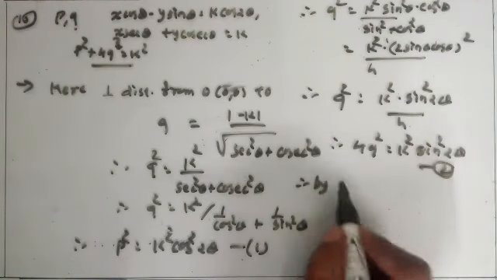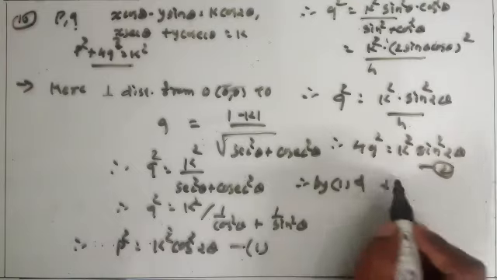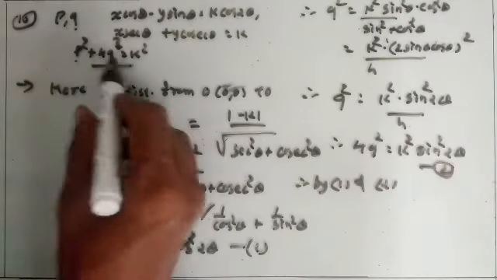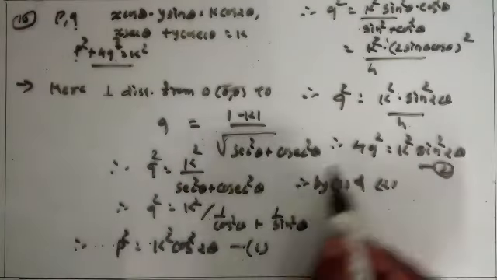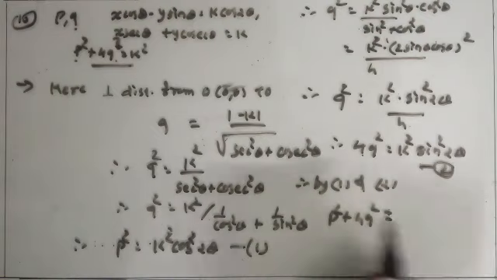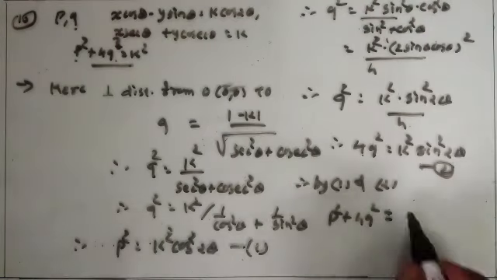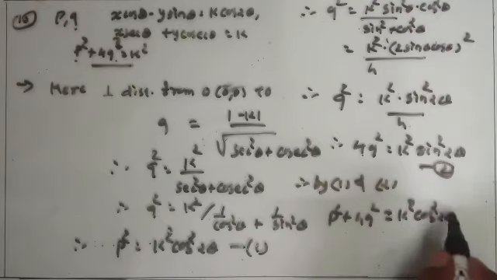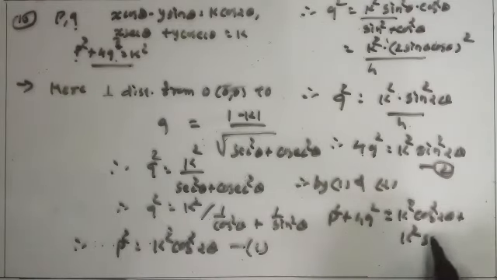Therefore by 1 and 2, we want the addition of these two terms, p square and 4q square. p square plus 4q square is equal to k square cos square 2 theta plus k square sin square 2 theta.